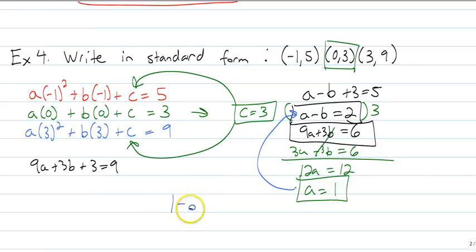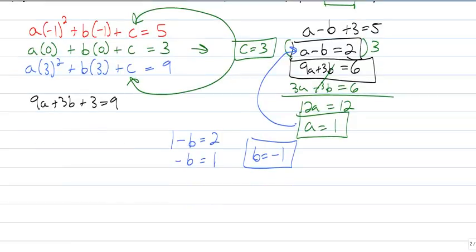So you get negative b equals 1, b equals negative 1. And now I'm done. I didn't have to use matrices. I can just rewrite my equation as it is. The standard form of this problem is 1x squared minus 1x plus 3.